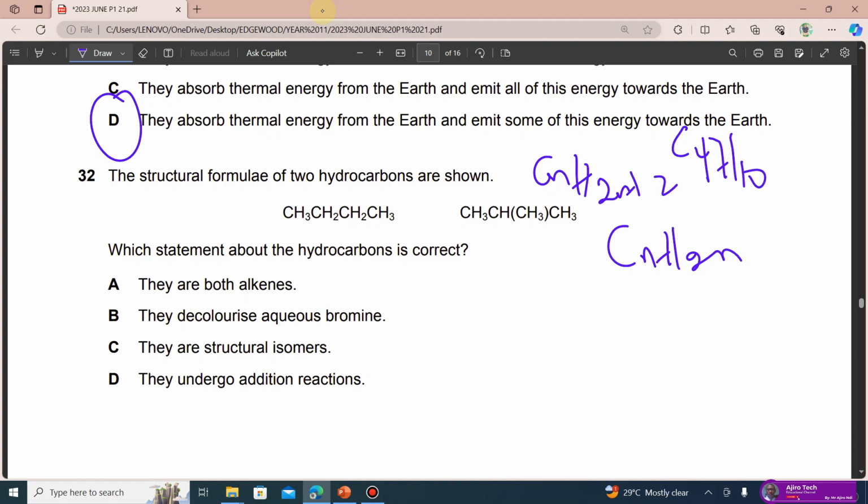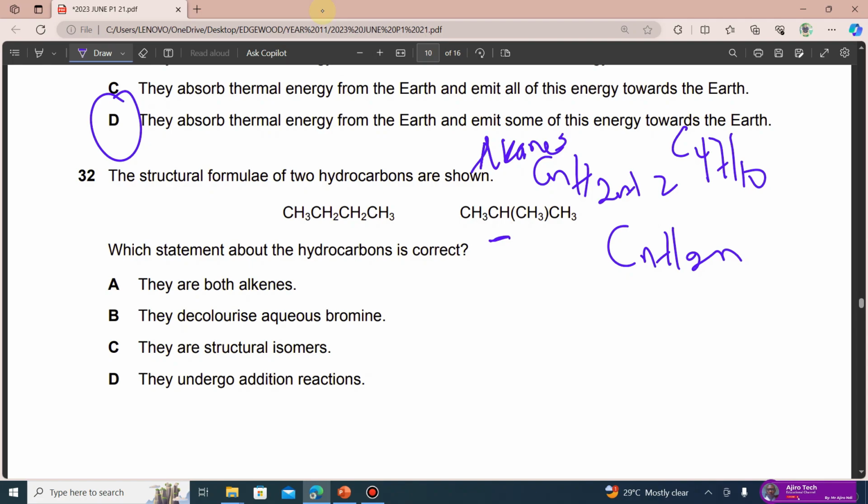H10. So in this case, how many carbons? 1, 2, 3, 4. And how many hydrogens? This is for the alkanes. We're trying to see if they are actually alkenes, but we're going to use the general formula for alkanes to test. Okay, so if we count for the second one now, it's 4 carbon atoms. But how many hydrogens are here? 3 plus 1, 4. 4 plus 3, 7. 7 plus 3, 10.